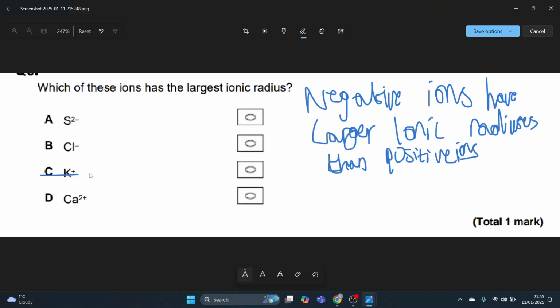Therefore, it's definitely not going to be the positive ions, because positive ions have smaller ionic radiuses than negative ions. Negative ions have large ionic radiuses, and it's going to be the one with the most negative ion. Therefore, it's going to be A, S2 minus.